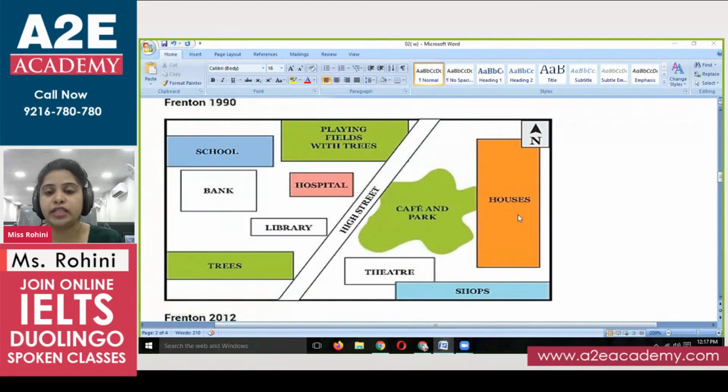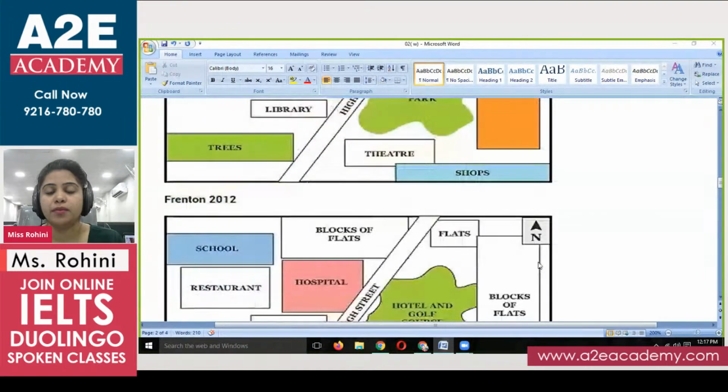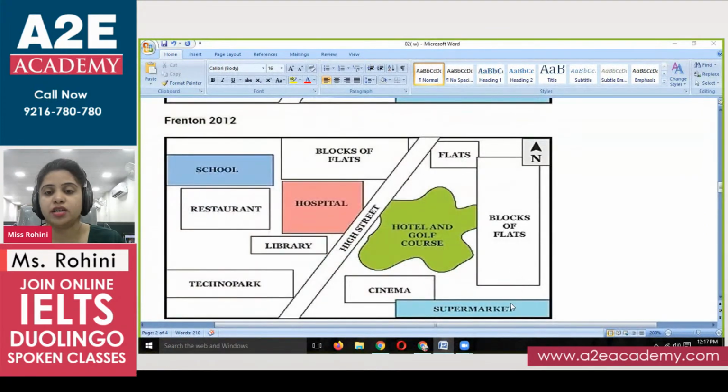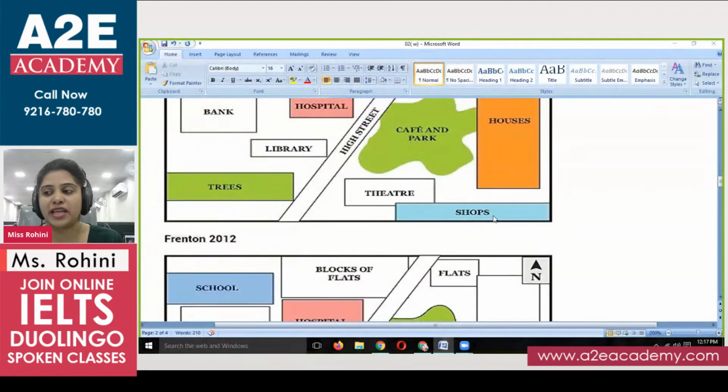Houses are located at the northeast corner, but here blocks of flats. Then the supermarket is here. Here is a shop. That means it's a replacement.